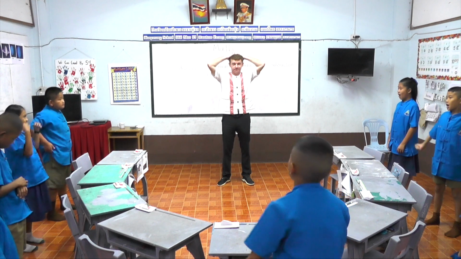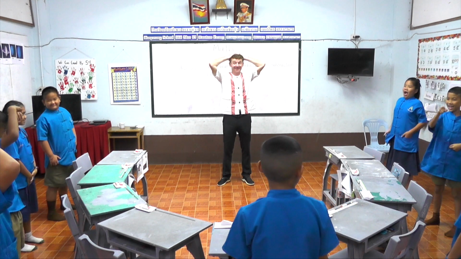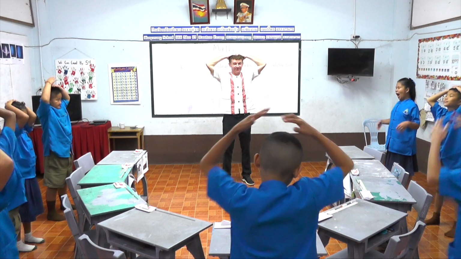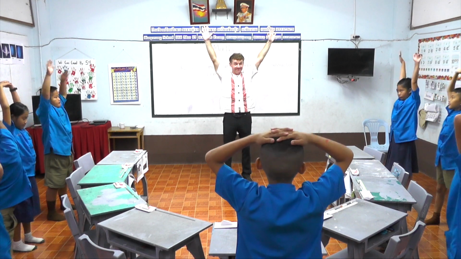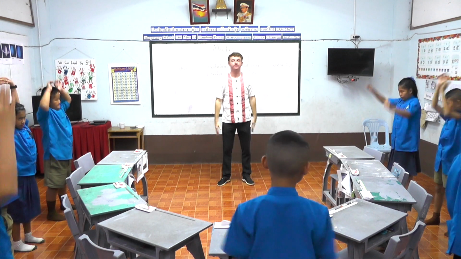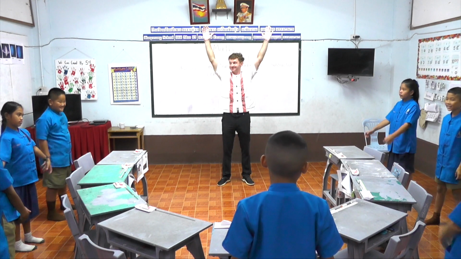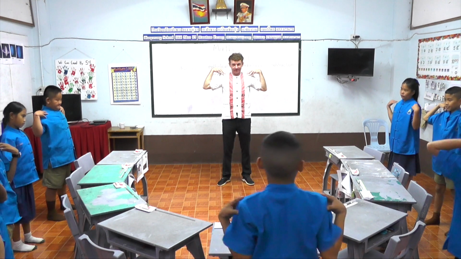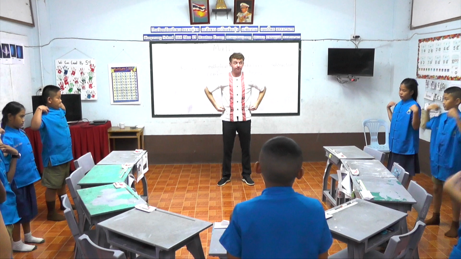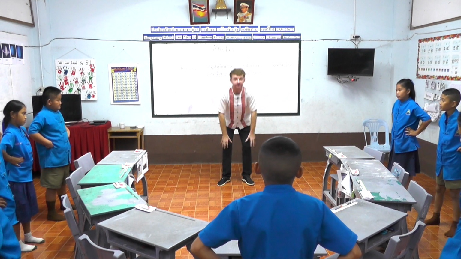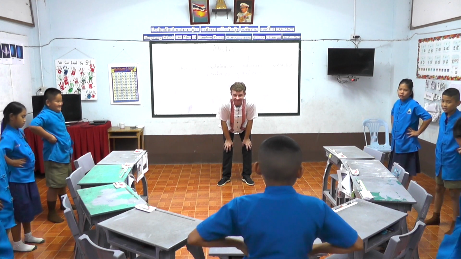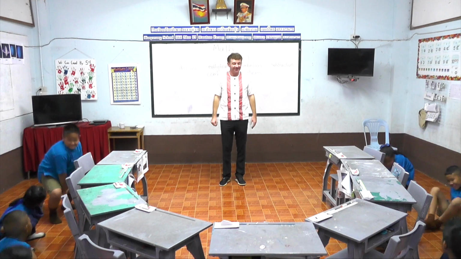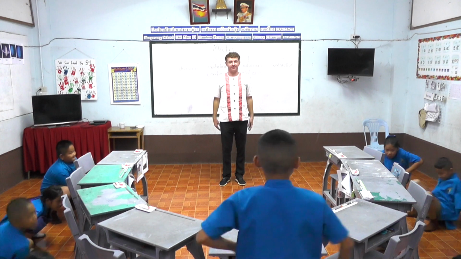Hands on head. Teacher says, hands on head. Teacher says, arms in the air. Teacher says, arms down, arms in the air. Teacher says, touch your shoulders. Teacher says, touch your hips. Touch your knees. Stand up straight. Okay, teacher says, stand up straight.